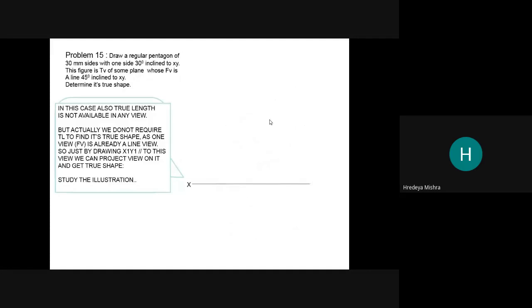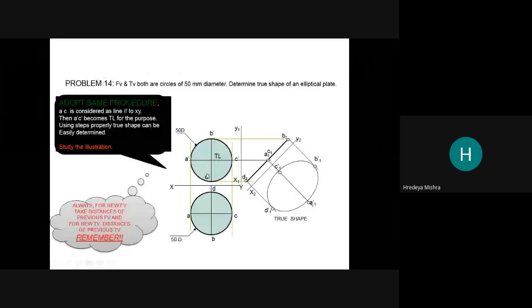So here the front view is not aligned. So for getting it aligned, we need X1 Y1, and for getting the true shape we get another projection of the XY line, that is X2 Y2. Okay, so that is the difference between the previous question and this question.